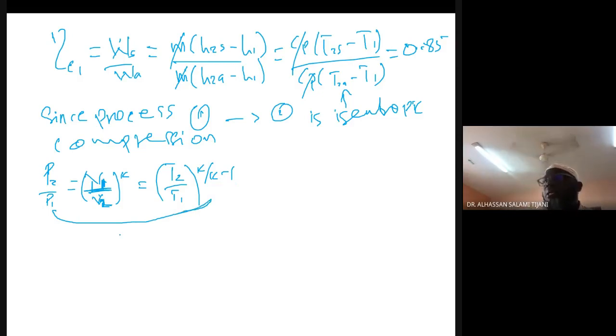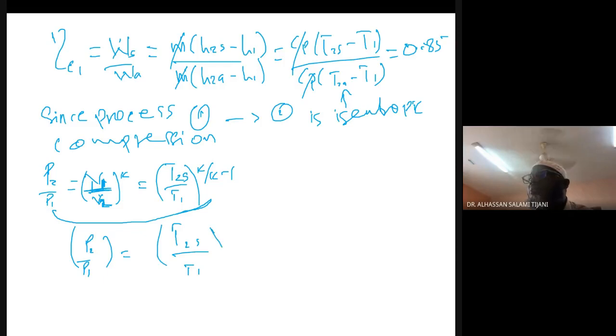So I'll say this is T2S. I'll have P2 divided by P1 equals T2S divided by T1, raised to the power K minus 1 over K. So I'll multiply both sides by K divided by K minus 1, and all this will cancel out.